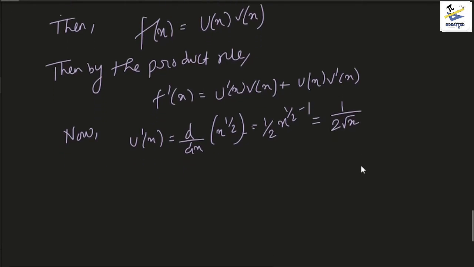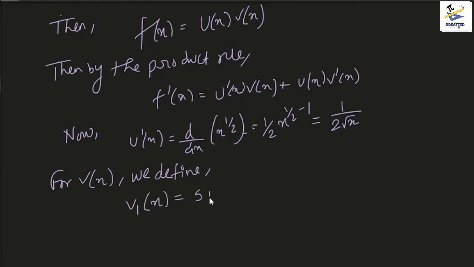But for v x, since it's a composition of two functions, what we define is as follows. We define v1 of x equals sin x, v2 of x equals root x, right?